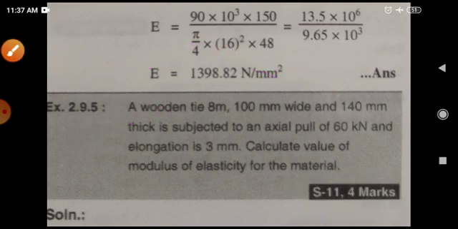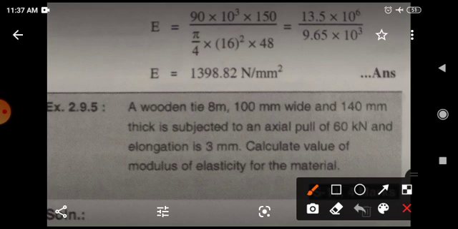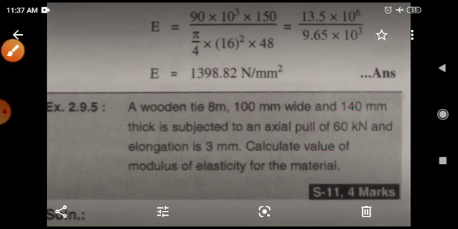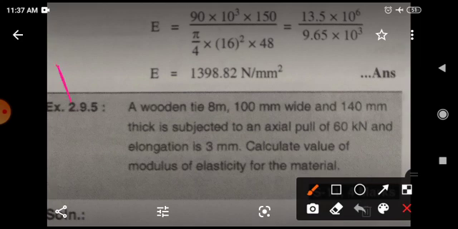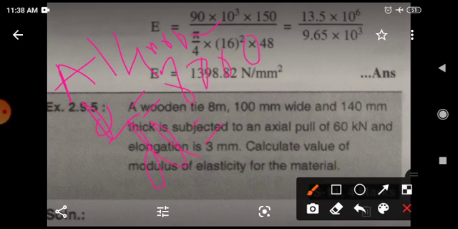And one more thing is given, this is P, 60 kilonewton. So let me write again all this data. A is 14,000 millimeter square, capital L is 8000 millimeter, DL is 3 millimeter, P is 60 kilonewton.